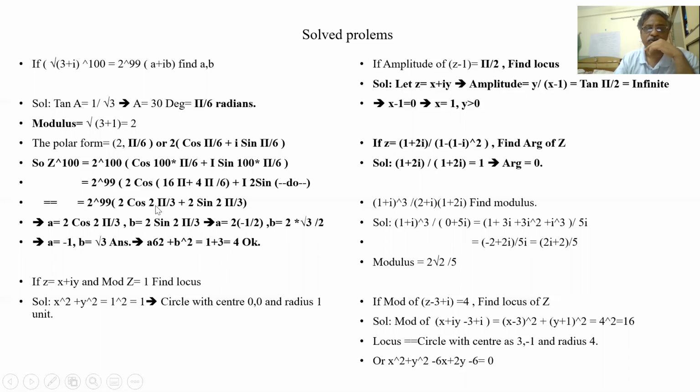The value is 2 cos 2 pi by 3 plus i sin 2 pi by 3. So a is equal to 2 cos 2 pi by 3, and b is equal to 2 sin 2 pi by 3. If I apply the 2 pi by 3 value, a comes minus 1 and b is root 3. So the answer is a square plus b square.